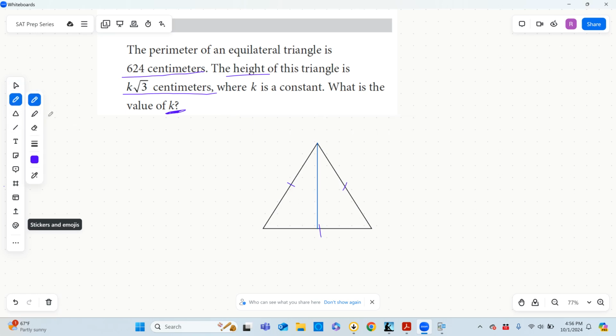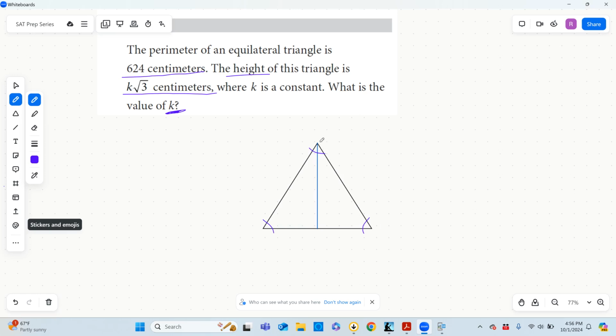Alrighty. And what else do I know? Well, I know that the angles inside a triangle all add up to 180. And so an equilateral triangle has 3 equal sides and 3 equal angles. So these angles are all 60 degrees.